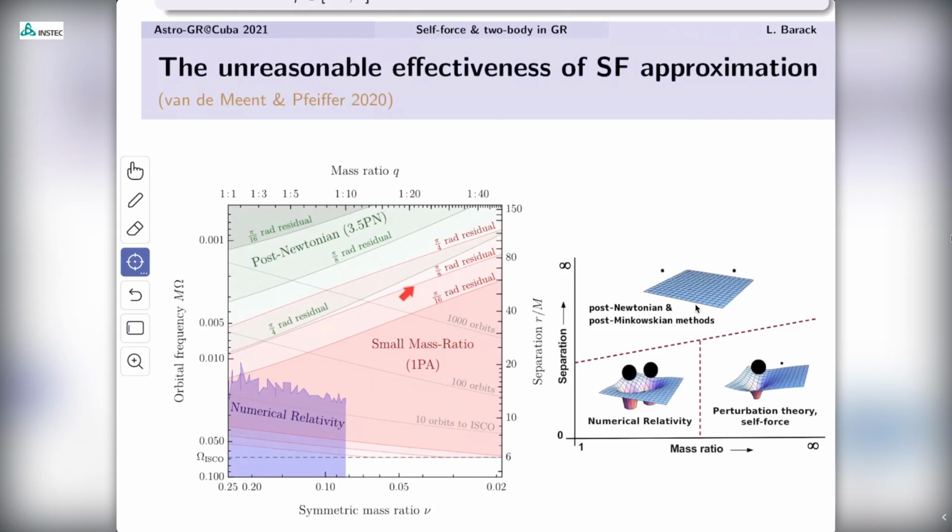So you see the small mass ratio approximation covers this entire region here. And it even blocks the small gap that exists today between numerical relativity and the post-Newtonian approximation that covers the rest of the space. So in a way, we think that we will be able to cover the entire space by just combining the state of the art of what we have now between those two approximation schemes and available numerical relativity methods.